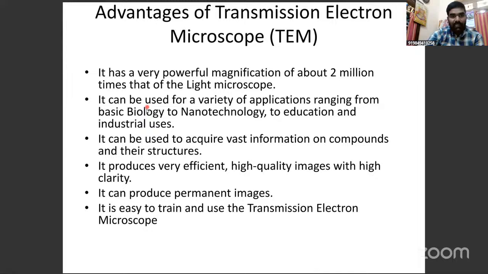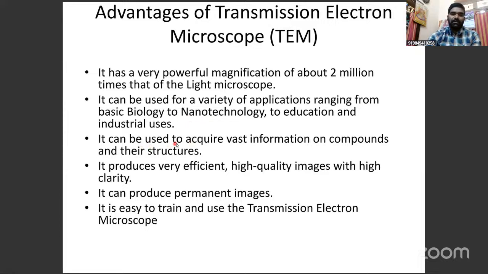It can be used for a variety of applications, ranging from basic biology to nanotechnology, to education and industrial uses. This is used in industrial areas also.